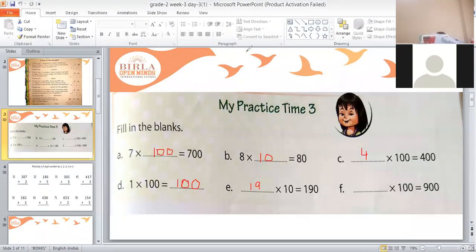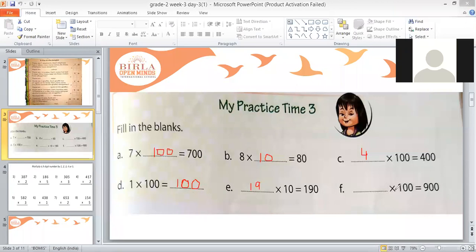Okay. Now next. Dhriti Rathi, unmute yourself. Yes, ma'am. Yes, Dhriti, last one. Dash multiplied by 100 is equal to 900. 900 is already there, Dhriti. Which number should be multiplied by 100 to get answer 900?